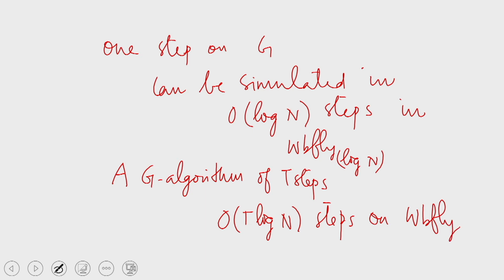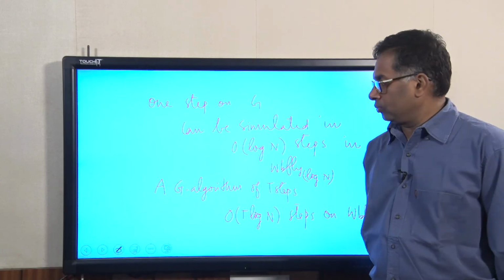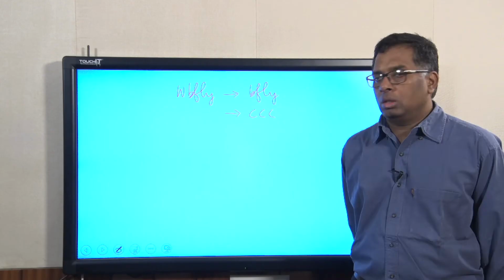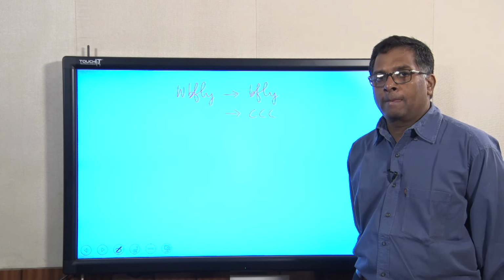So, this establishes that the wrap butterfly is a pretty generic network, and by extension, if a wrap butterfly can do this, a butterfly can do this, and also a CCC can do this. All these networks we have seen are quite similar to each other. Therefore, what we do in one can be simulated on the other in order 1 extra time.